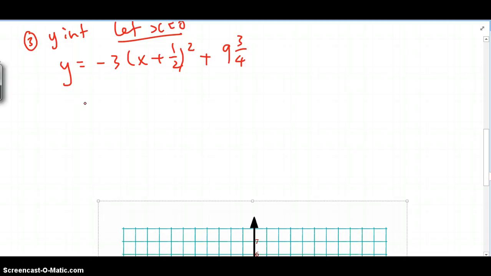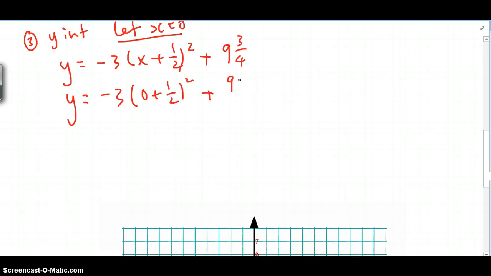So what we end up getting is y equals minus 3, 0 plus a half squared plus 9 and 3/4. What we end up getting from here is minus 3 times 1 over 4, after I square 1/2. 1/2 is just 1 squared over 2 squared, which is 4, so 1 over 4, plus 9 and 3/4.